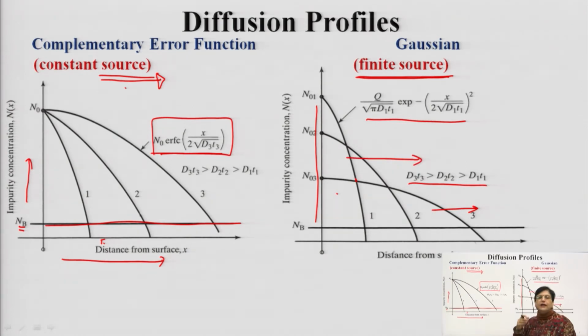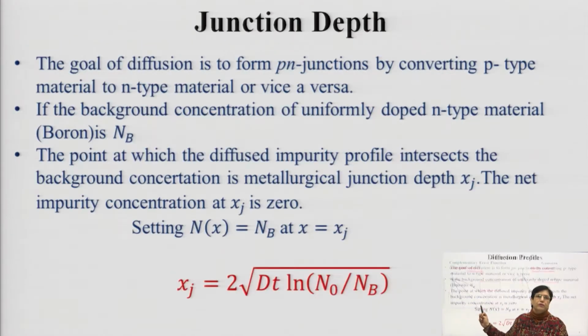The species are getting driven further deeper into the bulk, and that is why this diffusion is many times referred to as drive in. Whereas here, since it is the complementary error function profile, this diffusion process is referred to as pre-deposition.